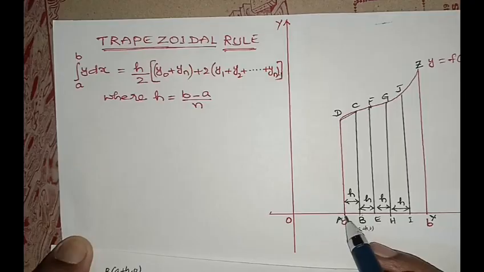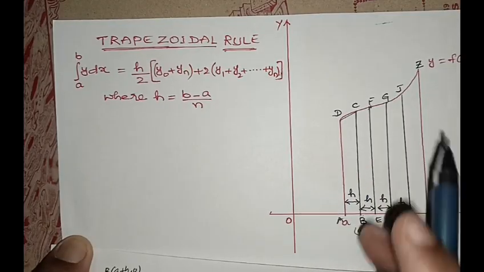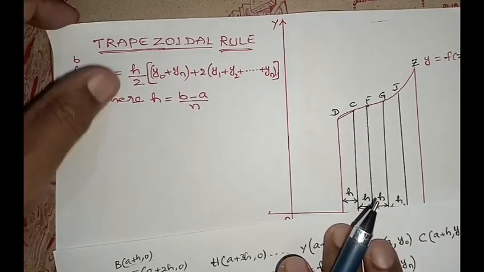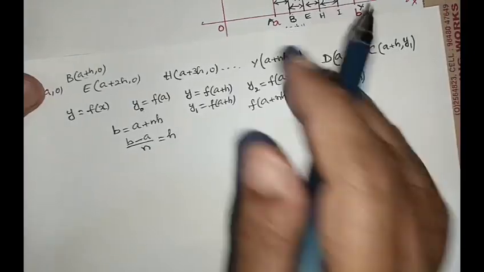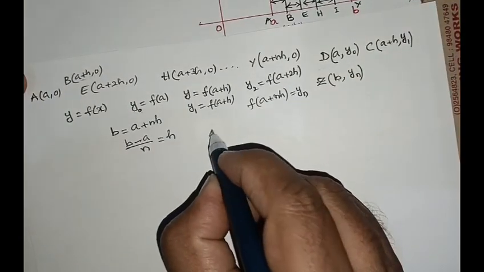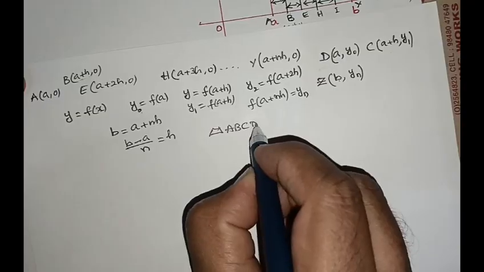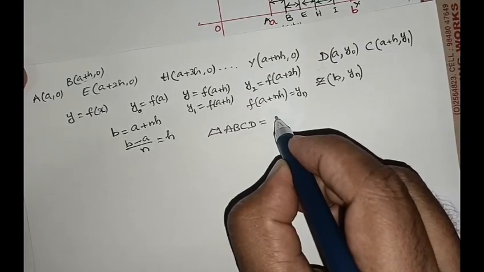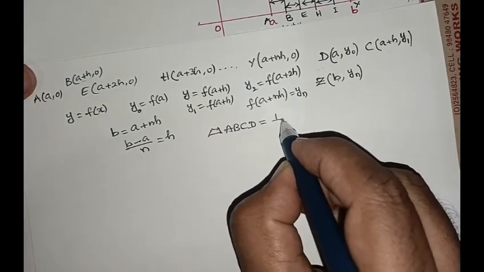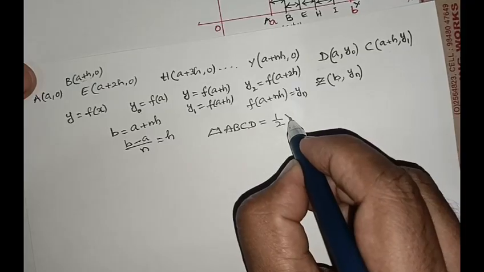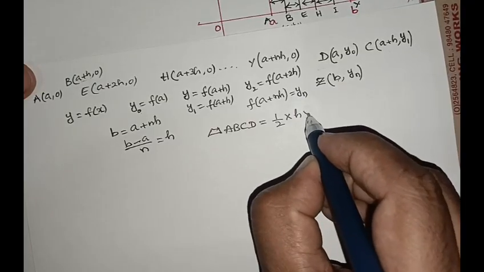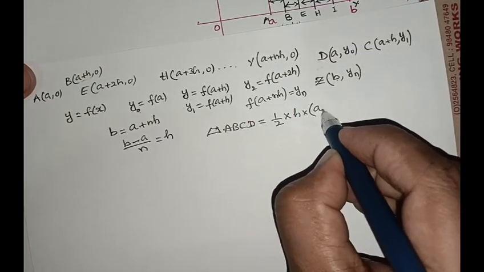Now I want to find the area of the trapezium ABCD. We know that the area of a trapezium is half into h into (a plus b).